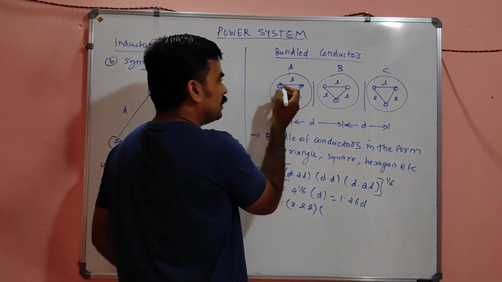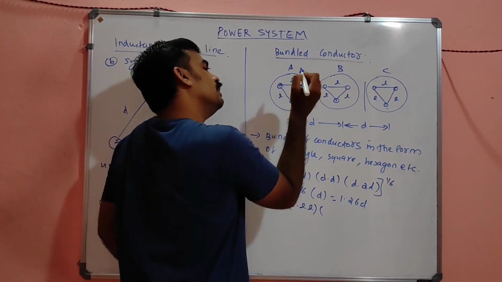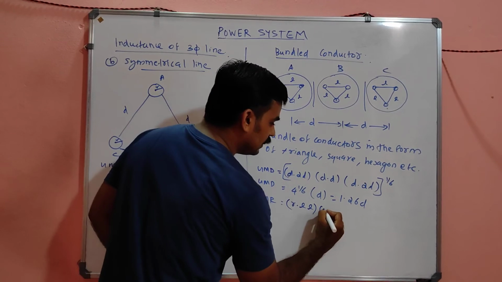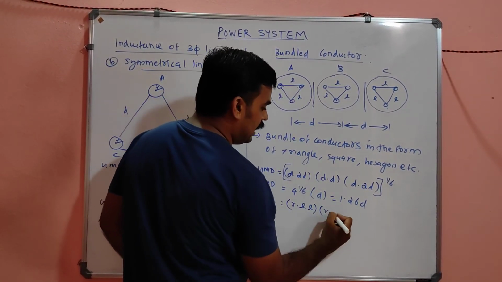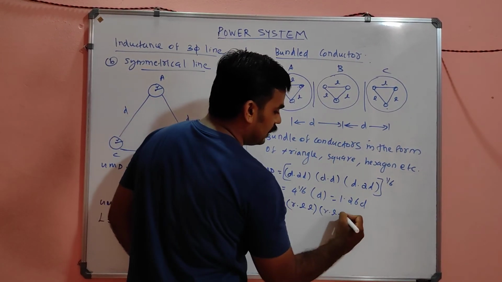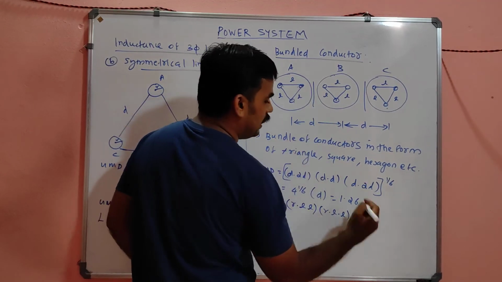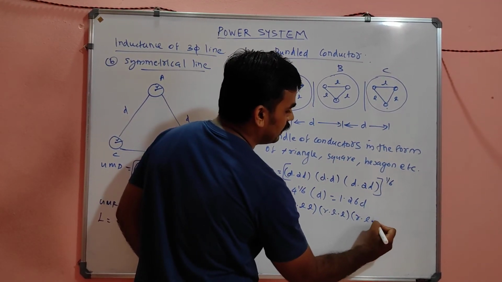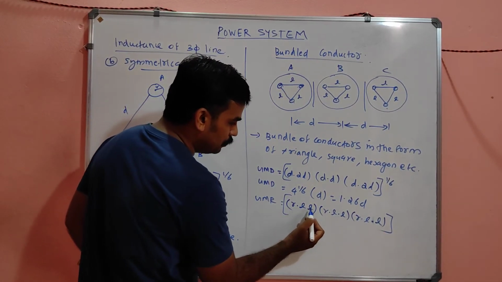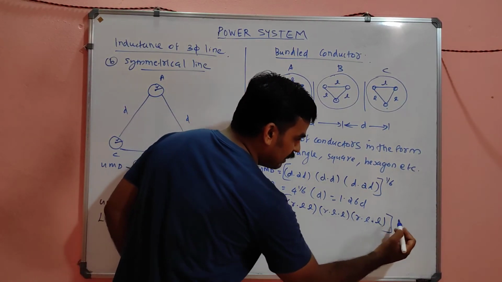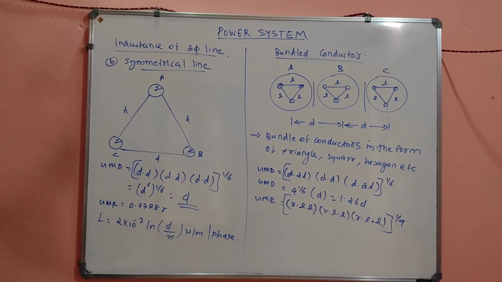So R, another conductor at distance L, another at distance L. Again R, with L and L. Again R, with L and L. The whole raised to, how many terms are there? 1, 2, 3, 4, 5, 6, 7, 8, 9 terms, raised to 1 by 9.